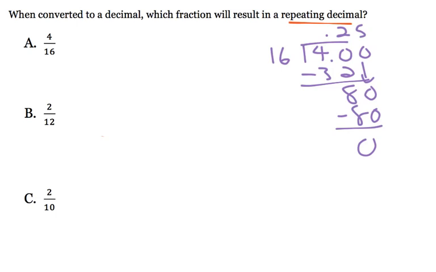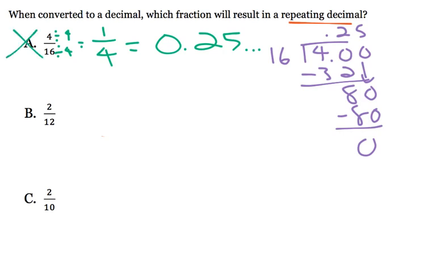But dividing by 16 isn't really fun if you don't have to do it. So 4 divided by 16, we really could have simplified this by dividing by 4, and that would have given us 1/4. And most of you know that, you just have that memorized. 1/4 is the same as 25 hundredths. So that one is not a repeating decimal because it ends. Nothing comes after that 5 hundredths. So not that one. Let's go on to the next one.